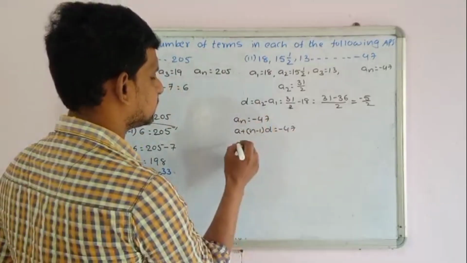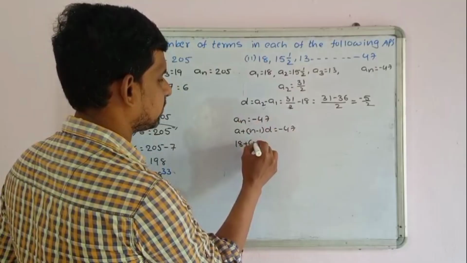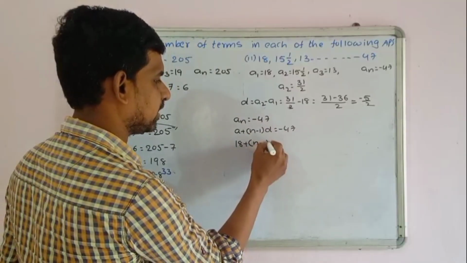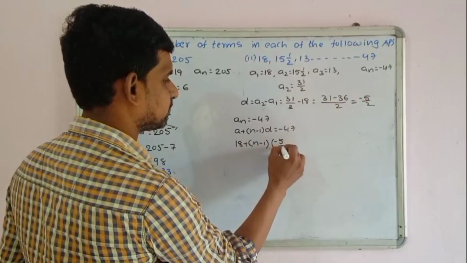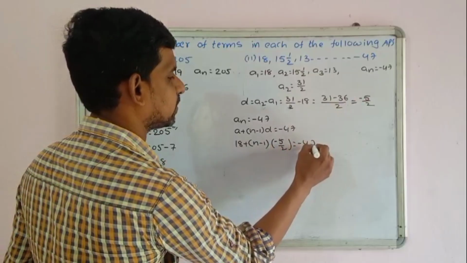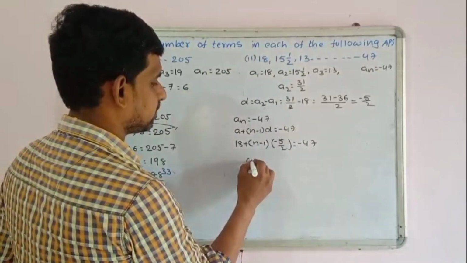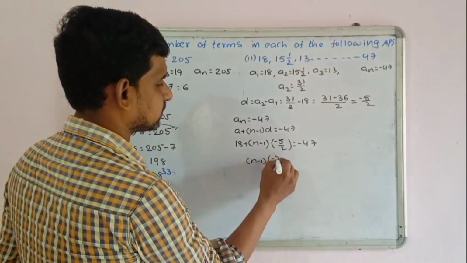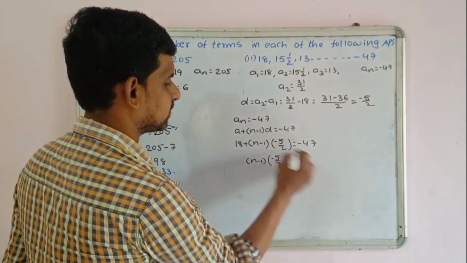So here the a value is 18 plus n minus 1. I don't know the value of n, first we will find that. n minus 1, the d value is minus 5 by 2, equals minus 47. So n minus 1 into minus 5 by 2 equals minus 47.